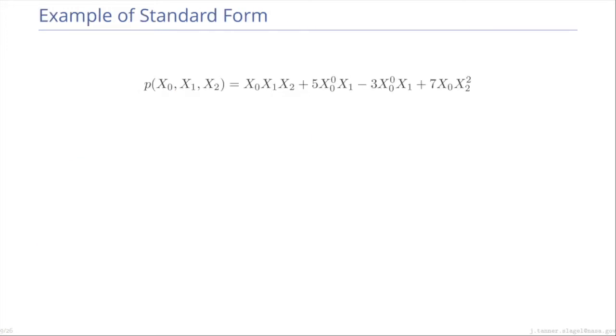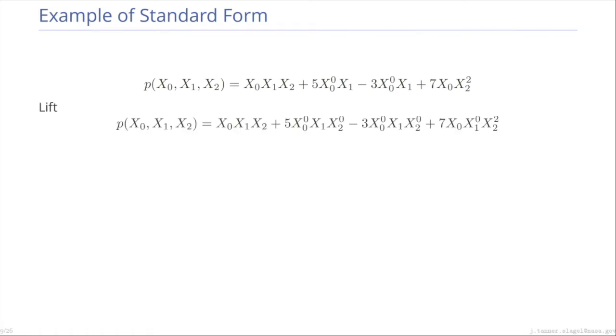So let's look at an example of standard form. I talked about the predicates, and with each predicate there is actually a transformation that produces a polynomial with the desired predicate. So let's look at this. I have this multivariate polynomial.